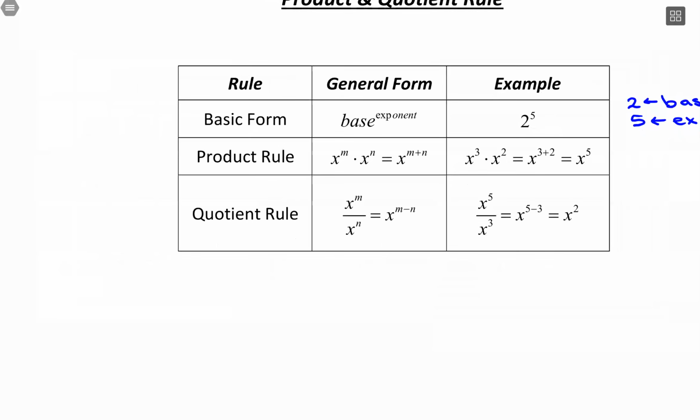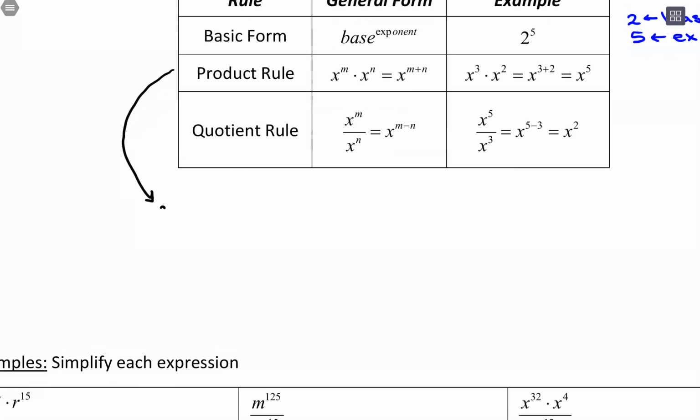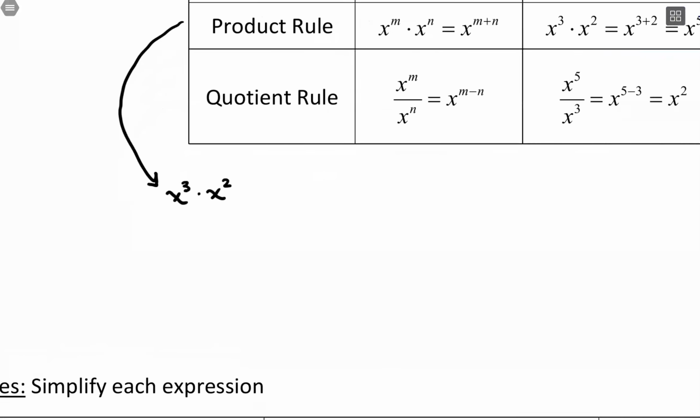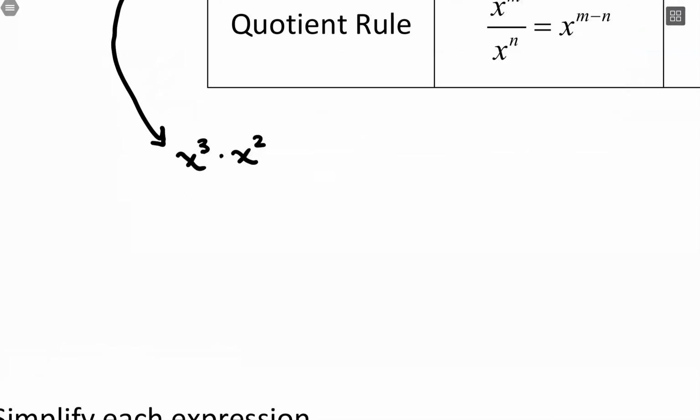So to see this written out in long form and why this works, if we're taking x cubed times x squared, if we wrote this out in long form, x cubed is just the same thing as x times x times x, and then we're multiplying that with x squared, which is x times x.